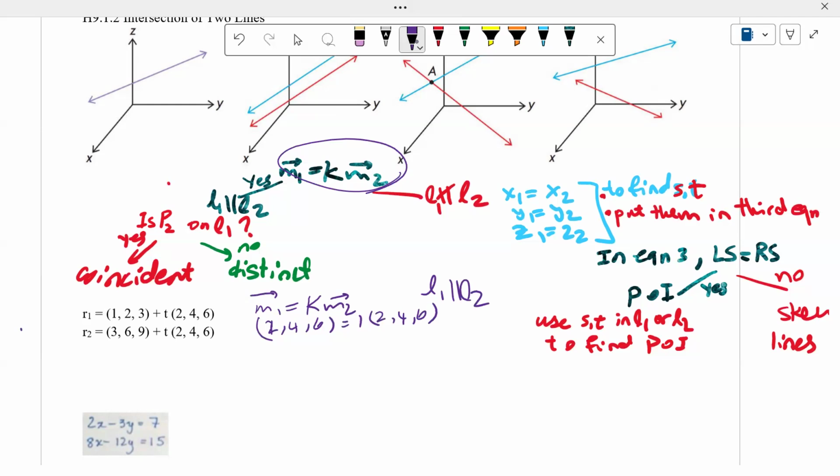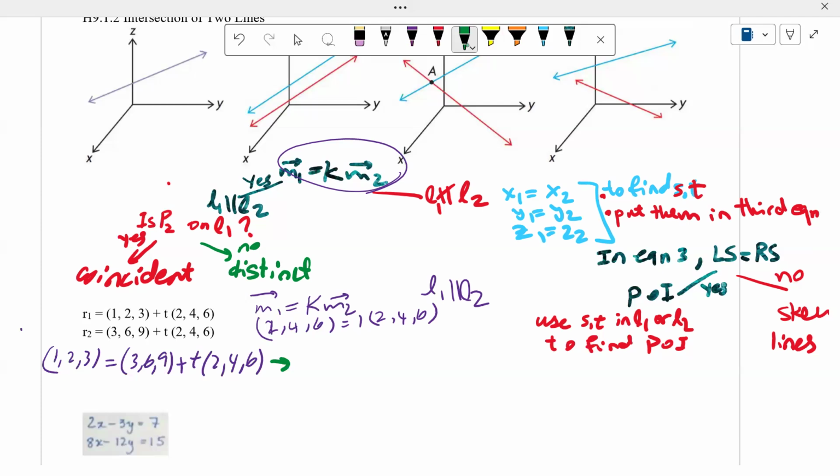I'm going to put P1 into line 2. So I get 1, 2, 3 is equal to 3, 6, 9 plus T times 2, 4, and 6. Let's see if I get the same T values.